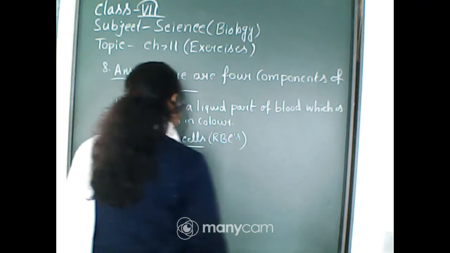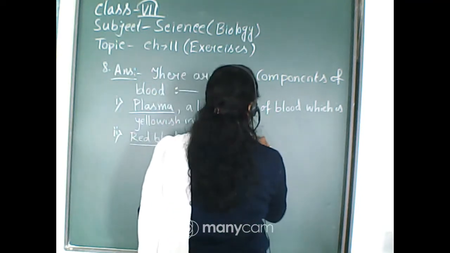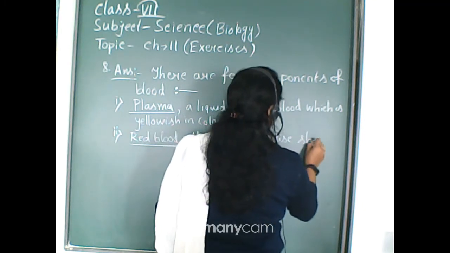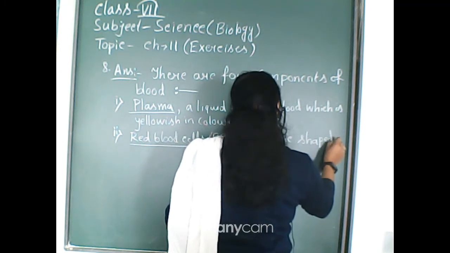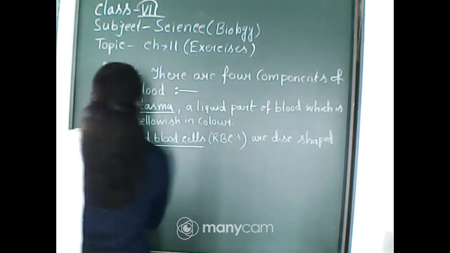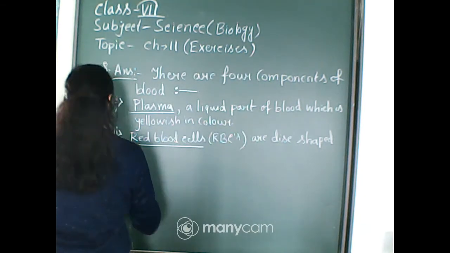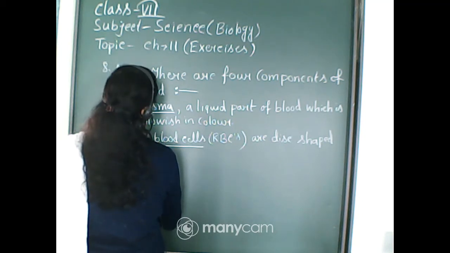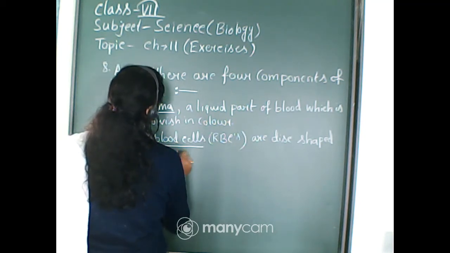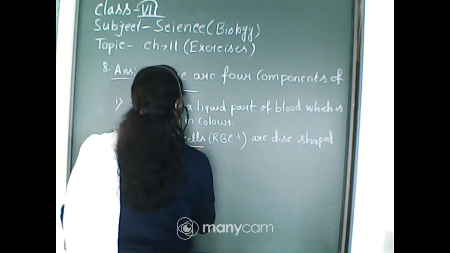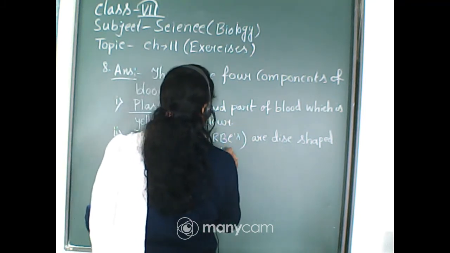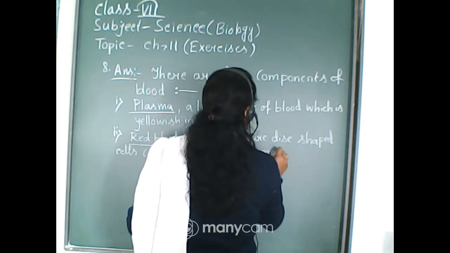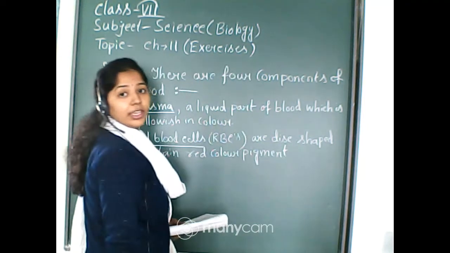As you know, RBCs are disc-shaped cells that contain red color pigment, due to the presence of hemoglobin.